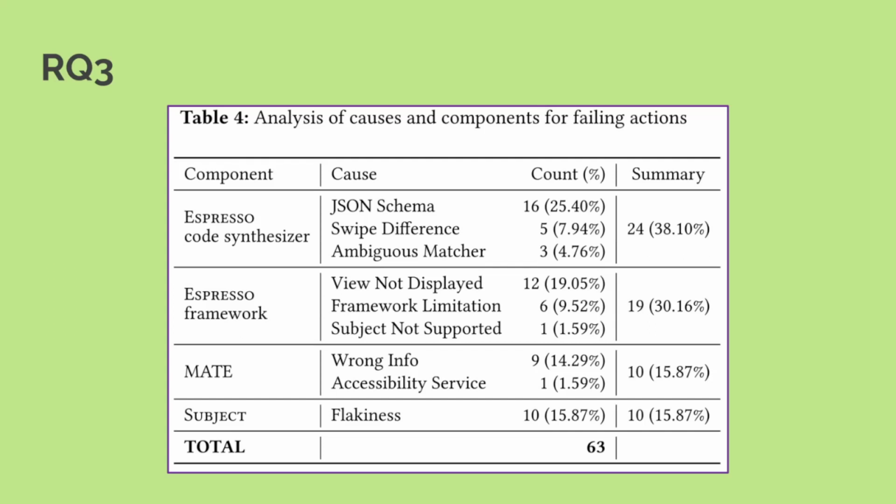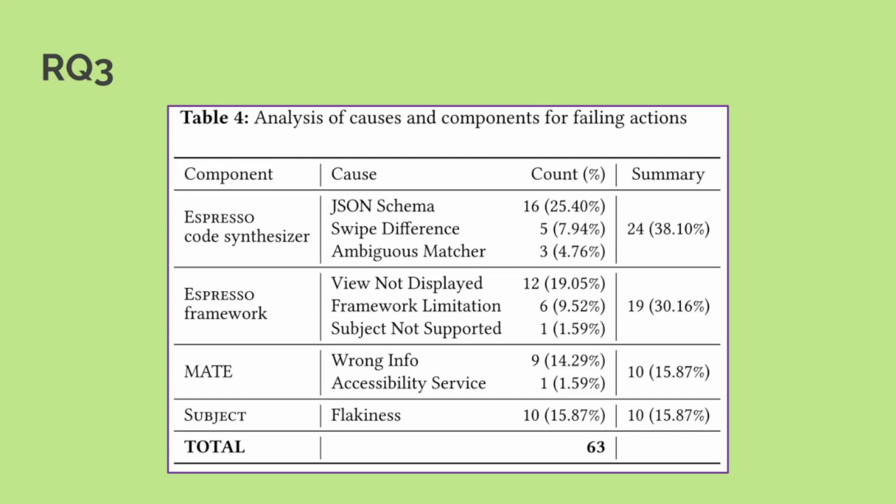View not displayed refers to any action that failed due to the target view not being displayed on the screen. Here, the behavior of MATE collides with the way that the default Espresso actions work, which assumes that target views are always displayed to the user. Wrong info refers to actions that fail due to MATE providing erroneous information in the JSON.